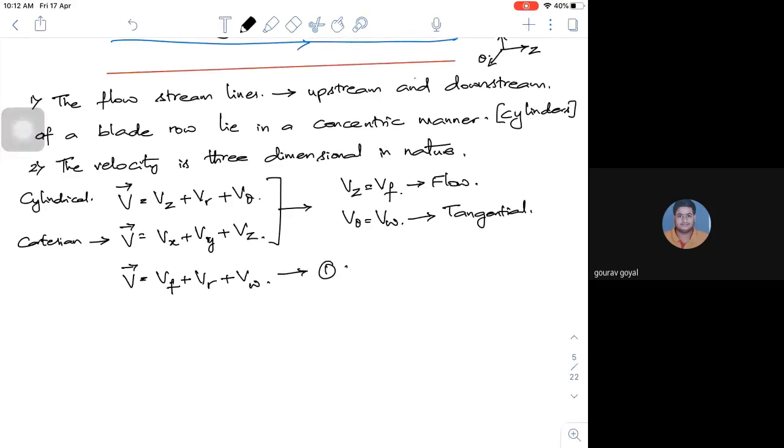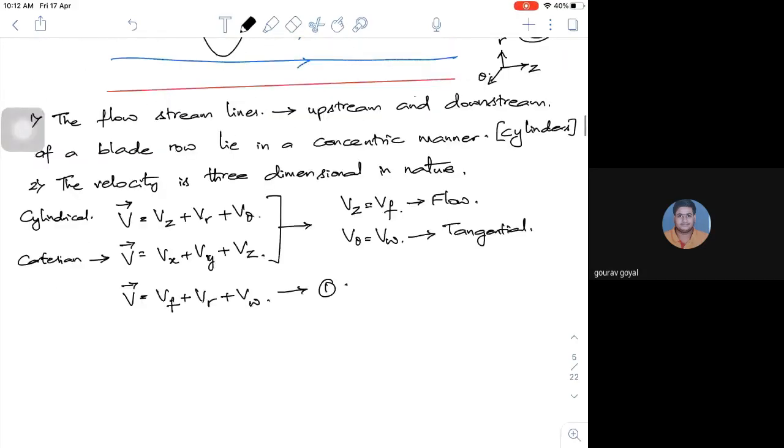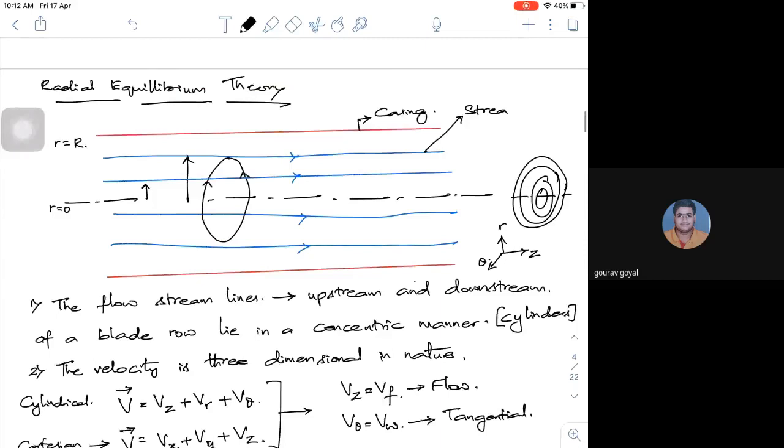Now look at this. For a steady flow condition, with particular properties of the fluid such as pressure, velocity, density being constant, what will happen? The variation of velocity in the corresponding r direction should be 0.